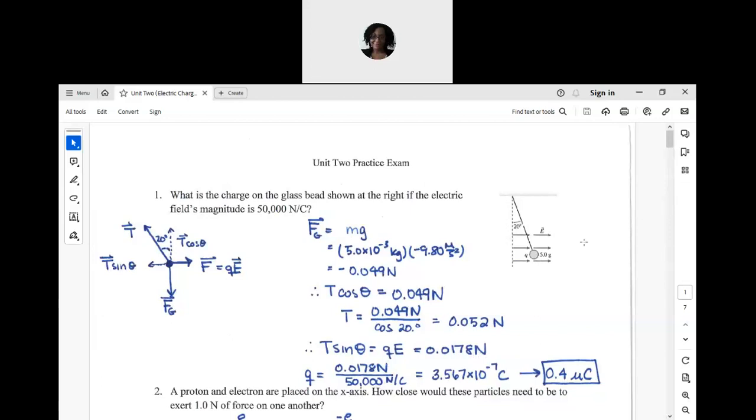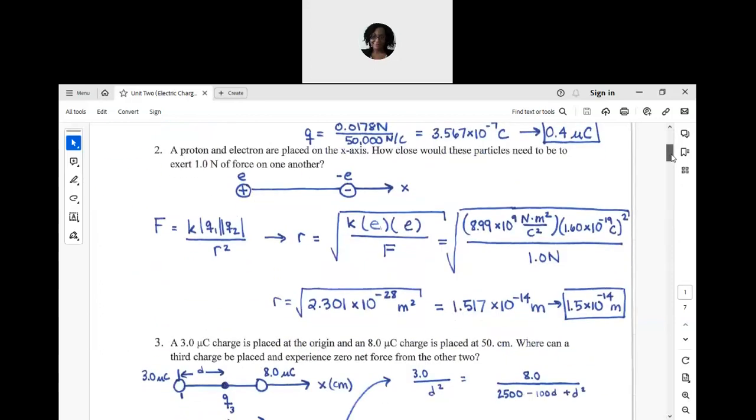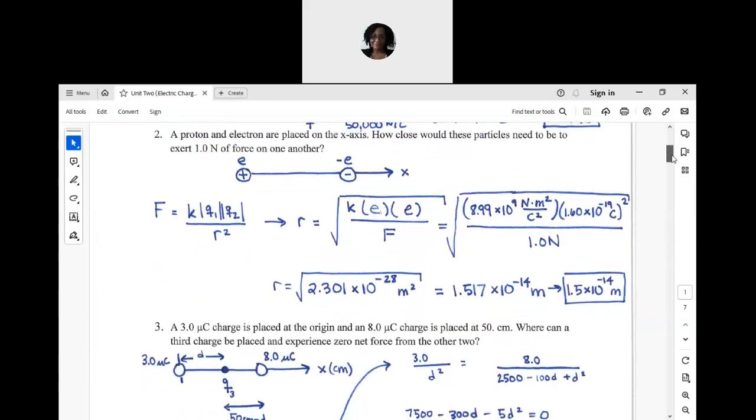We have just one sig fig here from our 50,000 newton per coulomb electric field strength. So you can write that as either 4 times 10 to the negative 7 coulombs, or I have it written as 0.4 microcoulombs. I don't care which units you use, and on the exam, unless it's specified, you can use either.